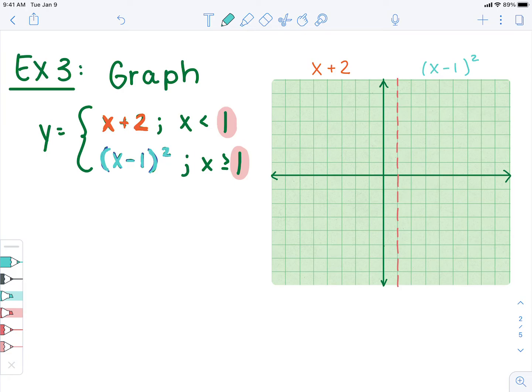Good thing is we already made those tables, right? I made my table, x plus 2, my x, and my y table. For x plus 2, I used 1, 0, -1, and -2. And I had 3, 2, 1, 0 when I plugged in.